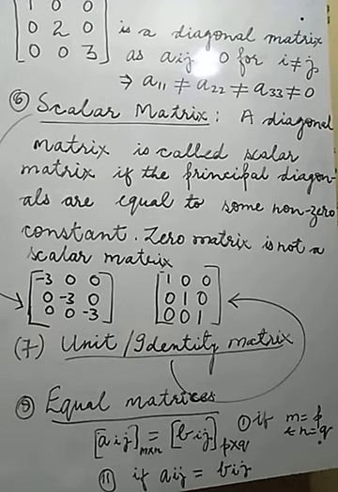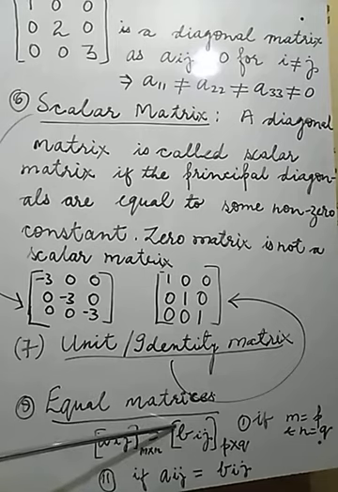And the second prominent property, the second significant property, is that respective elements of the first matrix are equal to respective elements of the second matrix. Meaning, the first element of the first matrix is equal to the first element of the second matrix.